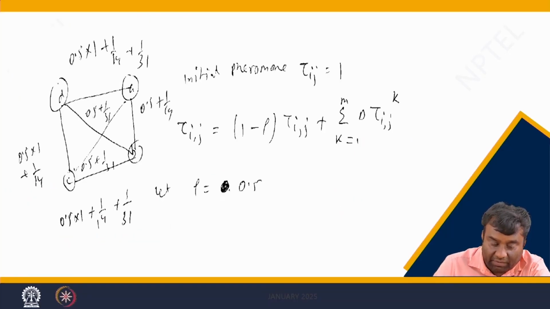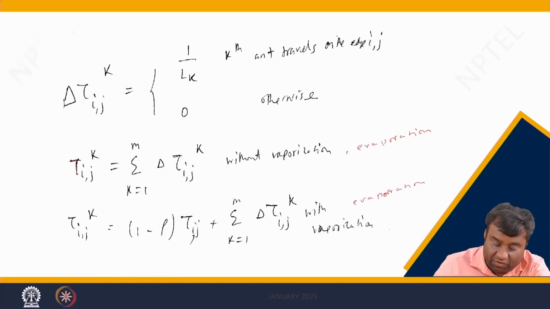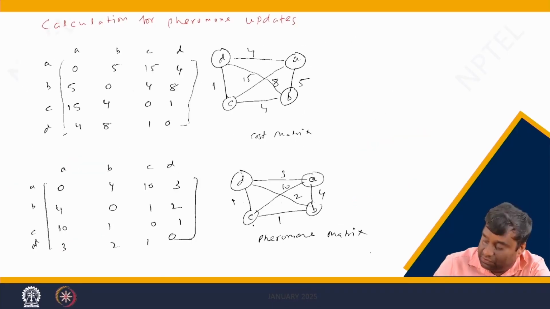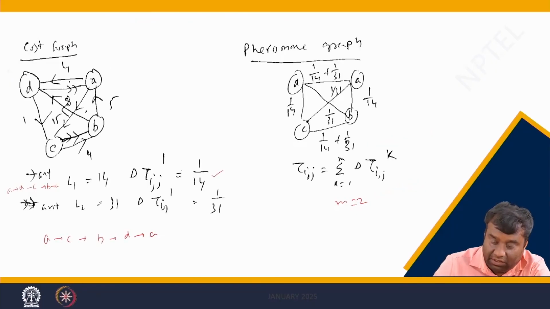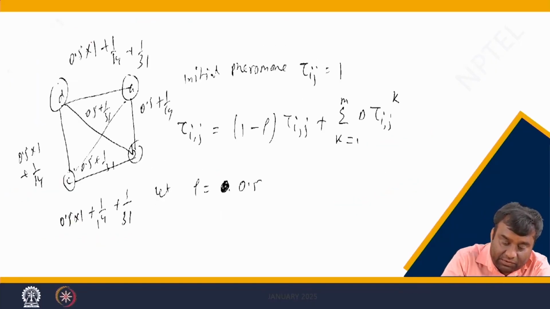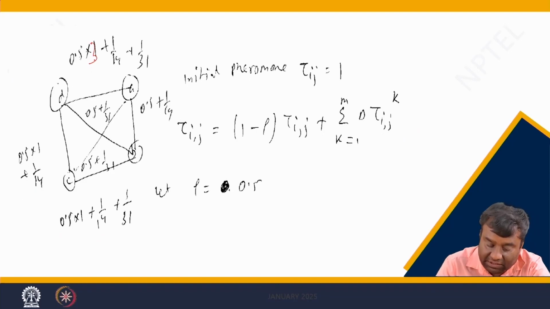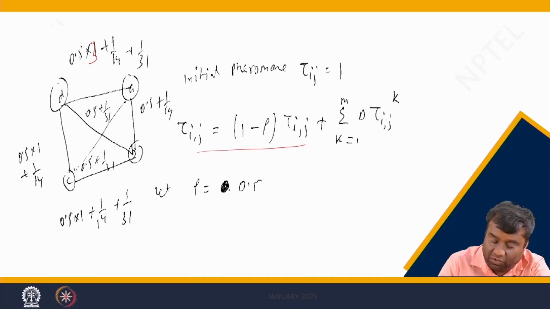Tau ij: 1 minus rho times tau ij, from D to A. So check the initial pheromone. The initial pheromone from D to A is 3, so it will be multiplied by 3. Here also it will be into 3. The initial pheromone is there; here this is 0.5. You just need to check the initial pheromone and apply the formula.